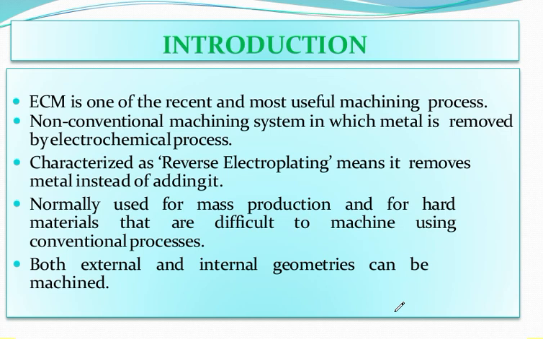The electrolysis principle has long been used for electroplating, where the objective is to deposit metal on the workpiece. But in electrochemical machining, the objective is to remove material from the workpiece, which is connected to the positive terminal, and the tool is always connected to the negative terminal.